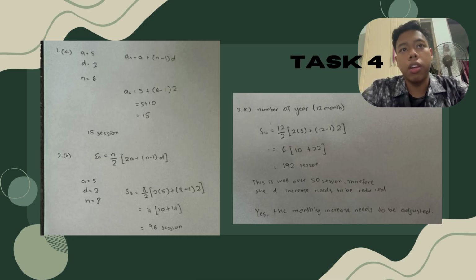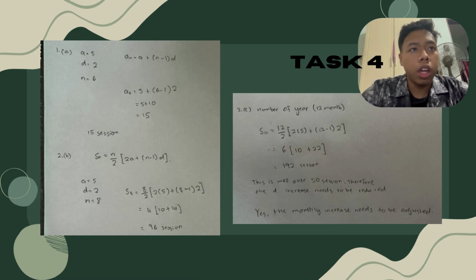Okay, let's begin task 4. Employee training program. An employee training program begins with 5 sessions in the first month, increasing by 2 sessions every month. A. How many training sessions will be held in the 6th month? We know that a equals 5, d equals 2, and n is 6.